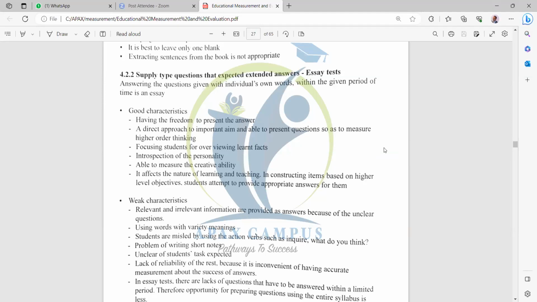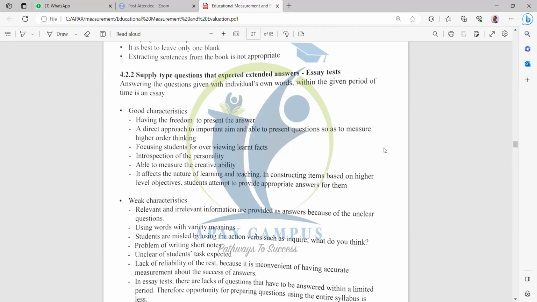So we can guide our students to think beyond the learned facts. We have learned certain facts. These facts are available in the textbooks, exercise books, notebooks, everywhere. But our target is to think beyond them, connect to the world, the practical world. So that's what we mean by overweaving learned facts.